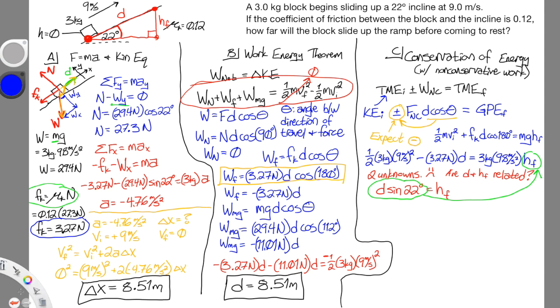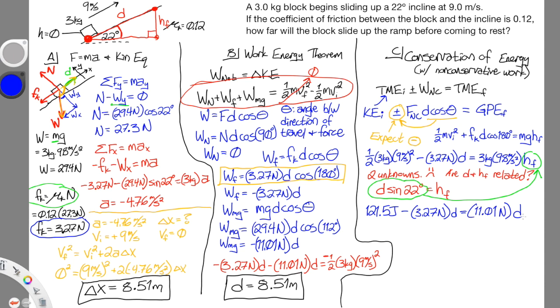And working through this a little bit, for our kinetic energy here at the beginning, we get 121.5 joules minus 3.27 newtons times d equals, so now we want to take 3 times the 9.8 times the sine of 22, and that gives us 11.01, the units being kilograms times meters per second squared, or newtons, times d.